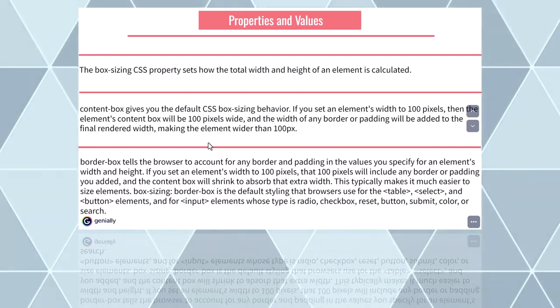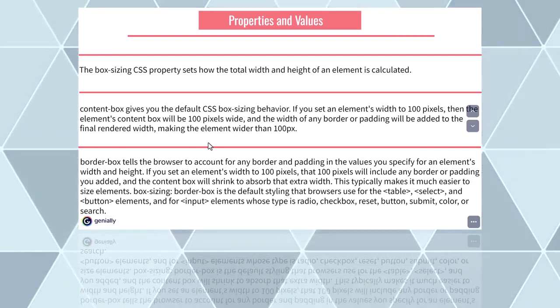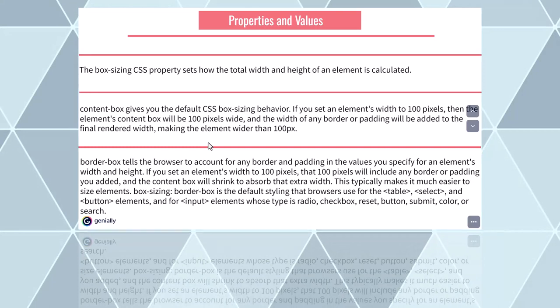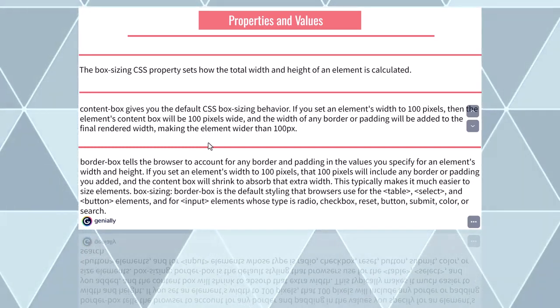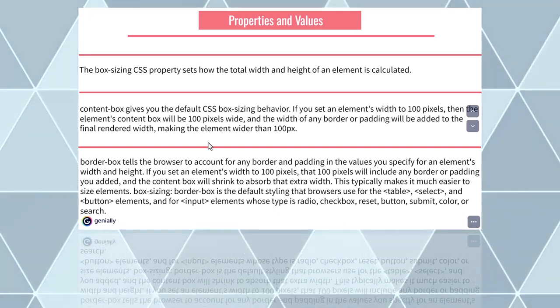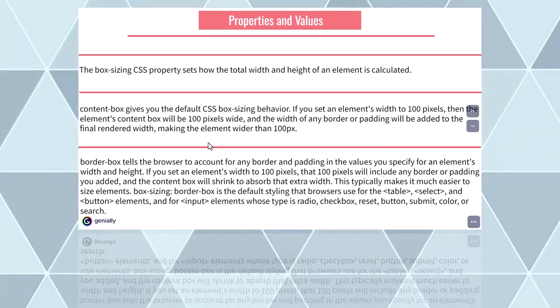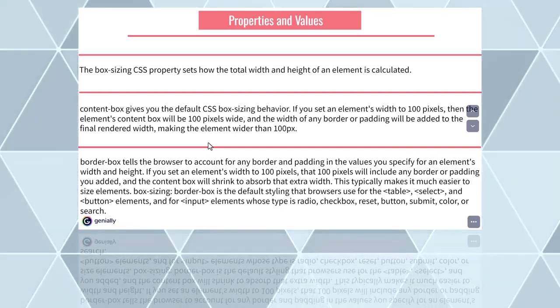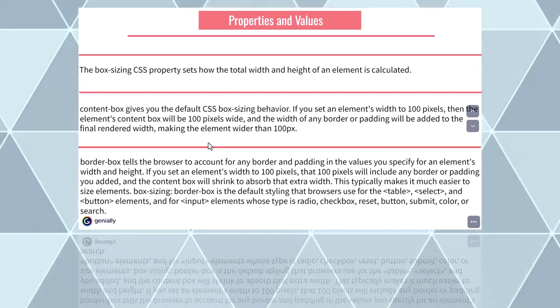So the size of the width is what? 150 pixels, which means the minute you add a border, it's taking that size of the border and adding it to the final element width. Do you understand?